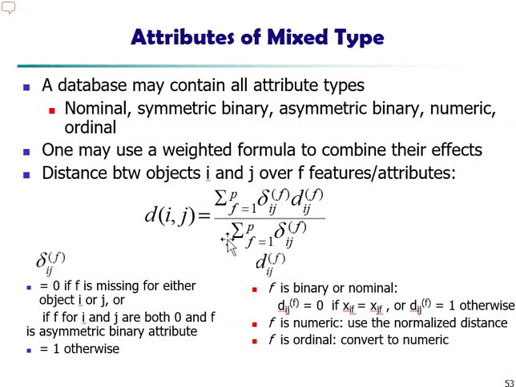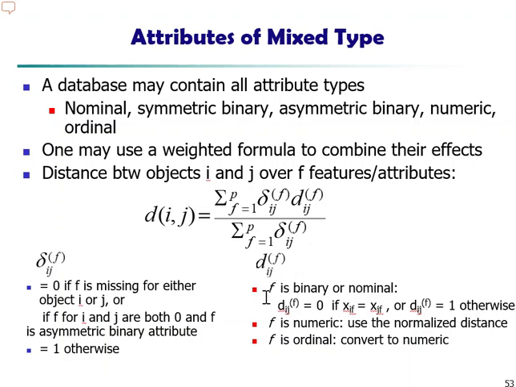So this is exactly the same formula as we have before. And now, how do we compute distance between two observations over one attribute? We just learned that. For every type of attribute, we learned how to compute it.